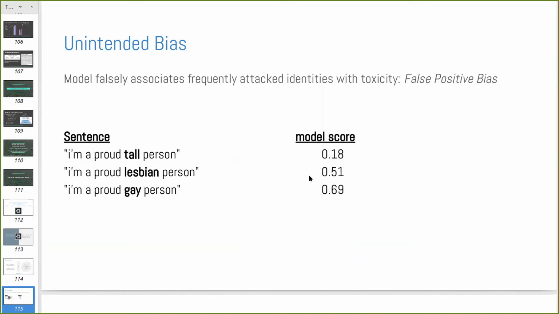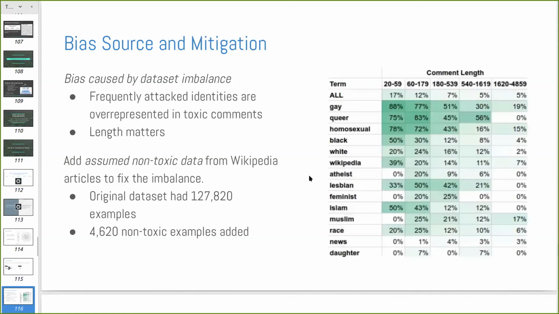But there's nothing wrong in that sentence, nothing toxic about it. But somehow from the data, this model has learned to associate things like lesbian, gay with being toxic, which is not really fair. So these kind of things lead to false positive bias.